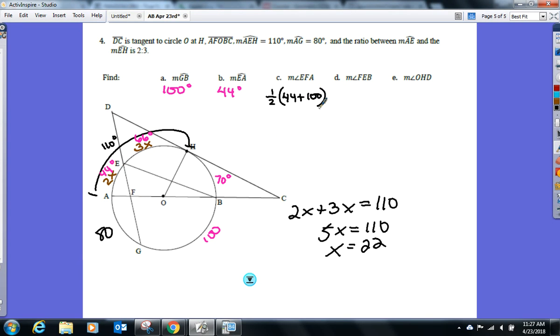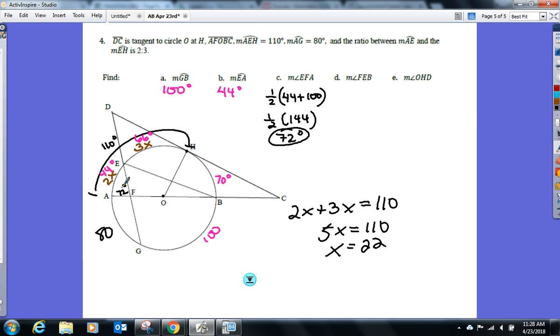Got it. Half of 144. 72 degrees. There it is. And then also start getting in the habit of, once you find these angles, start labeling 72, because you never know what's going to be asked next. That 72 may help us down the road.